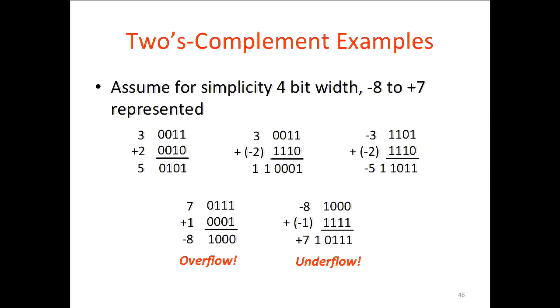That's very bad. So the good news is that if you analyze how the carries work, if you look at these 2 top cases, the carry into the 4th place was a 1, and the carry out of the 4th place was also a 1. That's this 5th bit we don't care about.